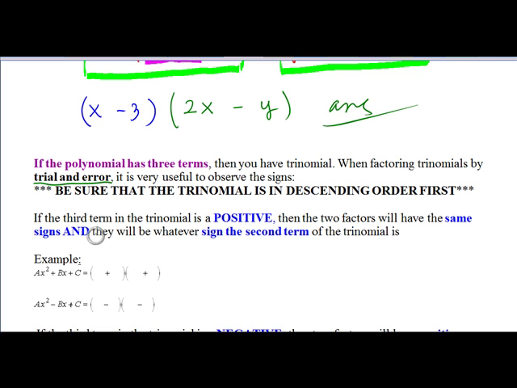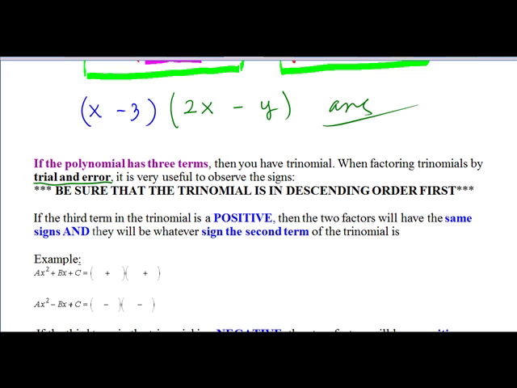So it's a little bit difficult, so I'm going to go over this method and then show you another method that hopefully will help you to factor a trinomial. So let's review this method, which we call trial and error.